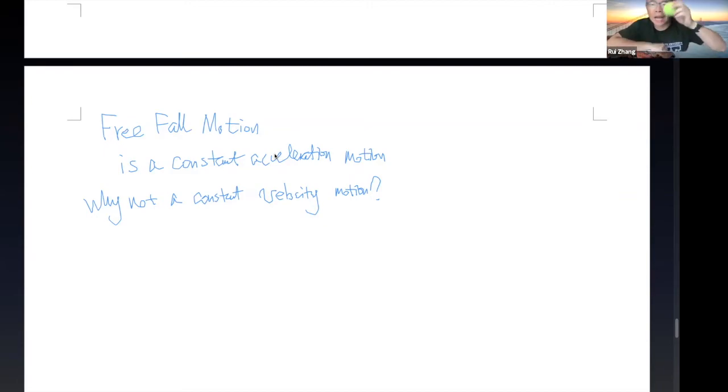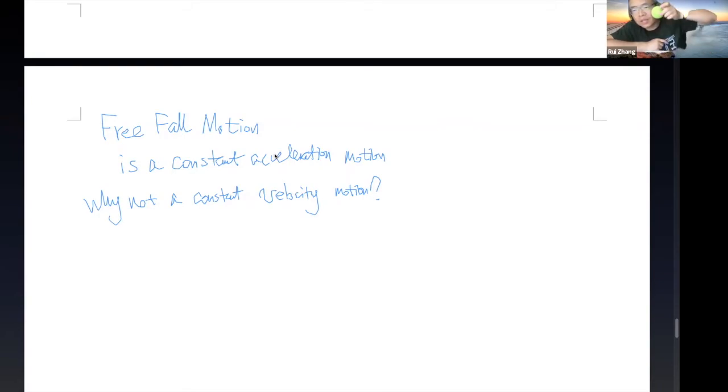So actually this cannot be a constant velocity motion. Why? Look at the motion here. The key is that the motion starts from rest. I release the ball and let it go by itself. If it is a constant velocity motion, because at the very beginning there's no initial velocity, the velocity is going to stay 0.